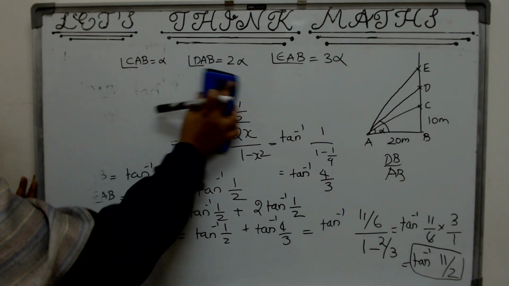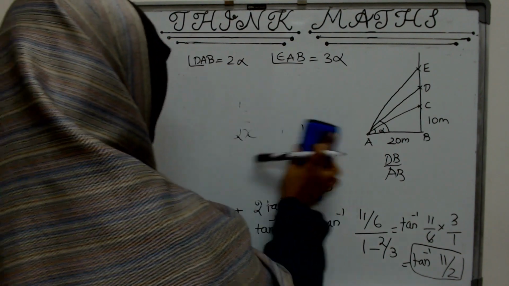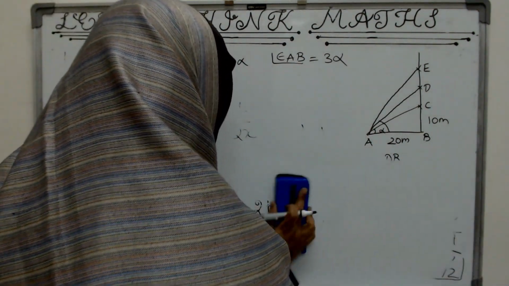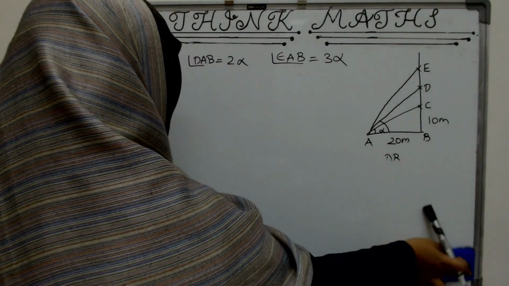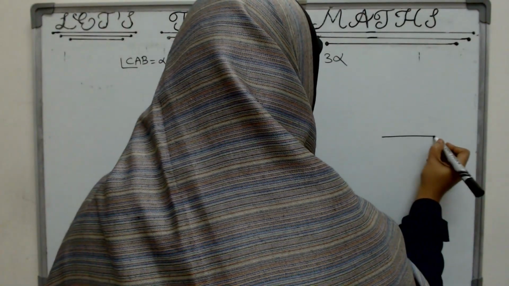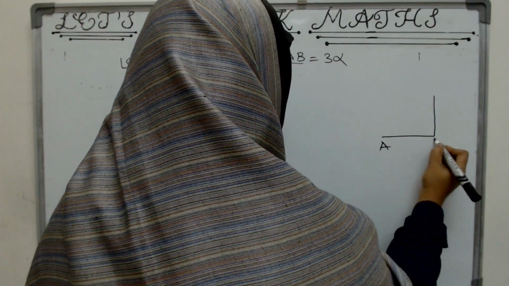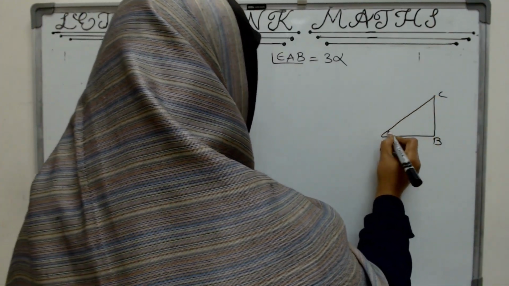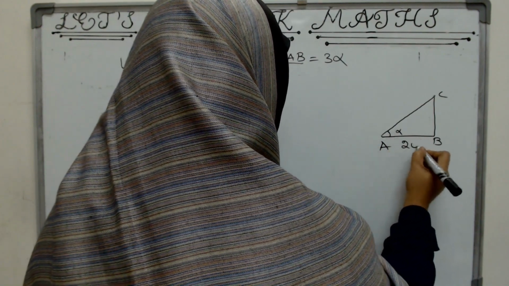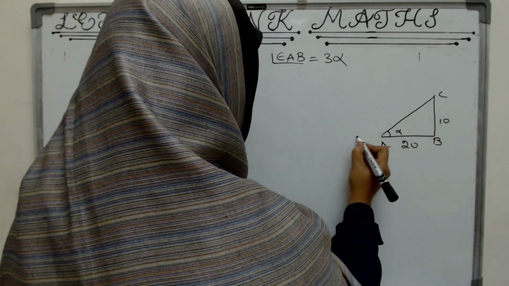This brings us to the fourth question, which is about another person who is standing a bit more away from the first person. You see there is A already standing here, looking at C with the angle of elevation alpha. Now there is a road.